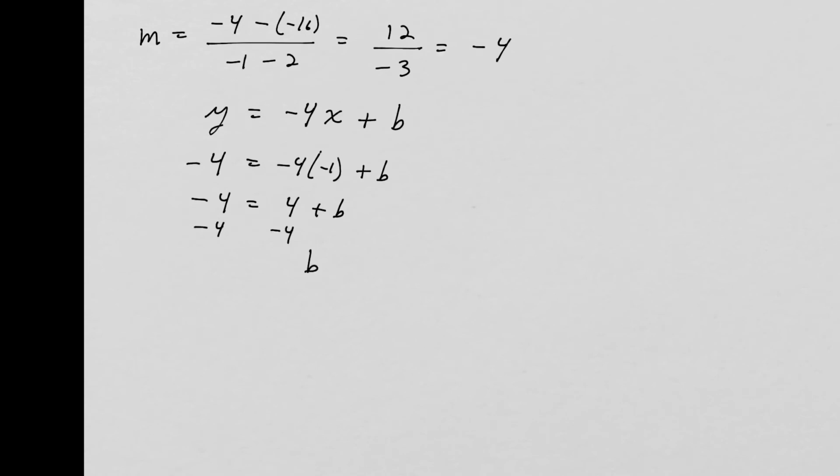So it looks like b is going to be negative 4 minus 4, which is negative 8. So now that I have both m and b, I'm done, right? So my equation must be y equals negative 4x and then minus 8, because b is negative 8. So it looks like the correct answer in this case will be C.